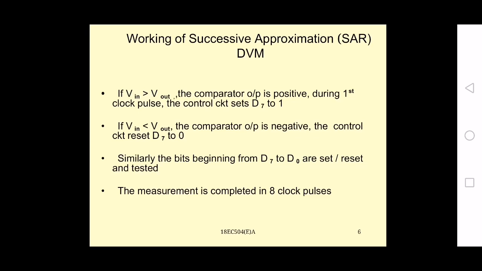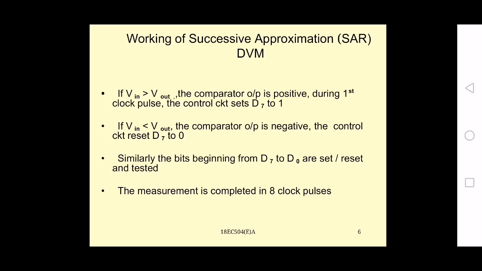In the next clock pulse, the D6 bit will be made 1. Now the control word will be either 1 1 followed by all zeros or 0 1 followed by all zeros. That is again converted by the digital to analog converter.